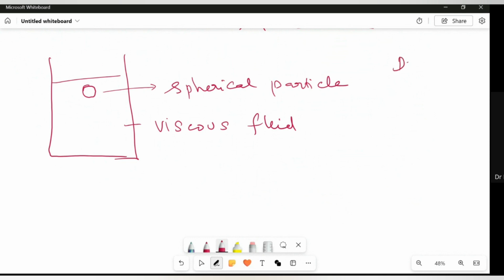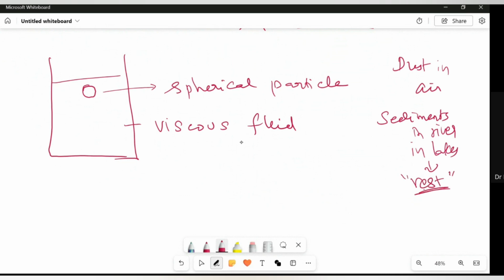We have always seen dust settling in air, and sediments moving in rivers or even in lakes. Any sediment material particles will move across and settle down, right? So how will they come to rest? There is a law of physics behind it, right? That is why we are deriving this expression.